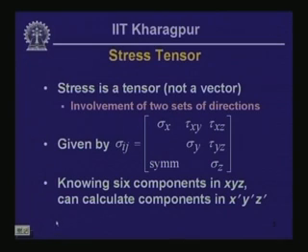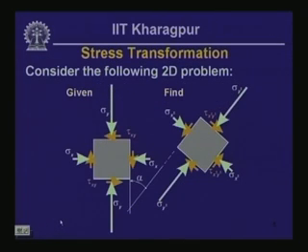Then let us consider the transformation in a two-dimensional state of stress. What is a two-dimensional state of stress? It is a state of stress in which we do not need to consider the third coordinate direction.